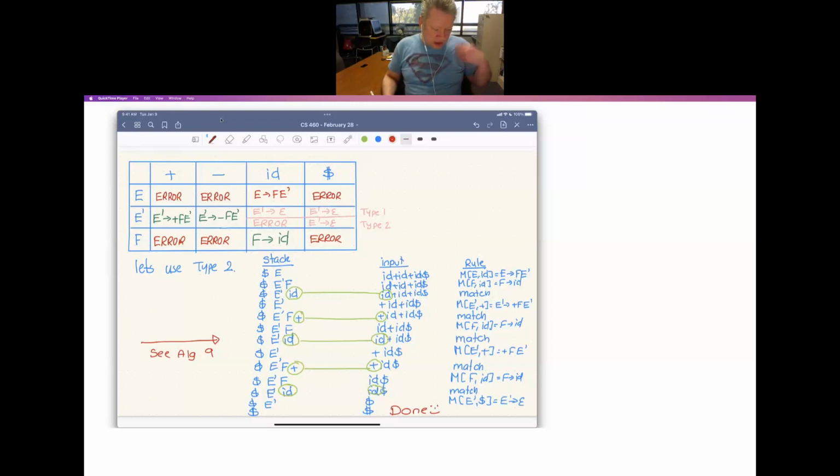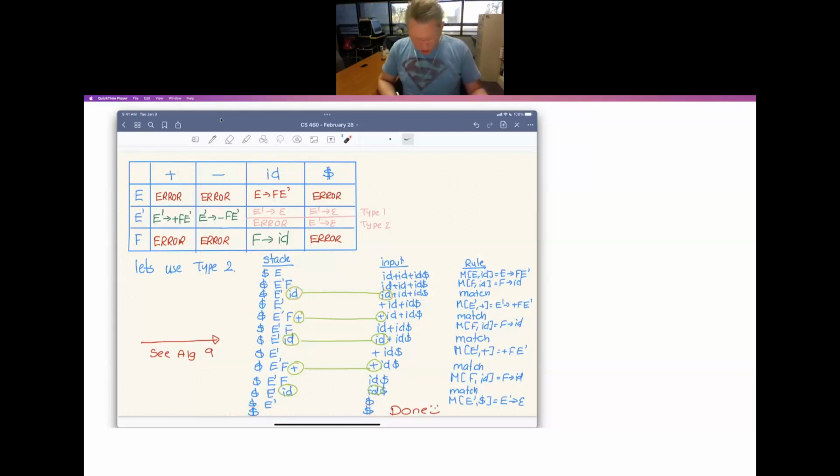We keep going for as long as we need to. We take a look at the top of the stack and ask, is that a terminal or a non-terminal? If it is a terminal, so that's these green things, and they match and they're both $, then we're done.